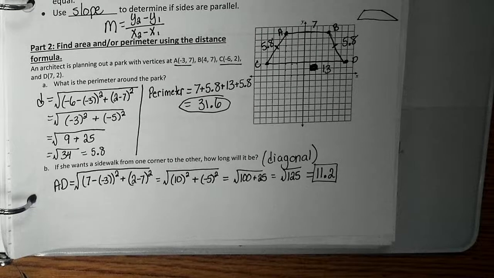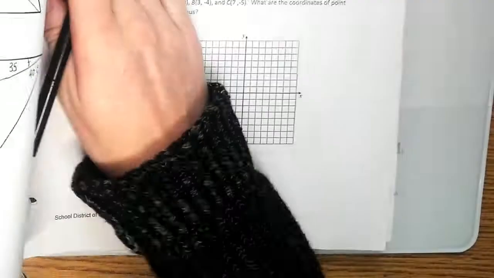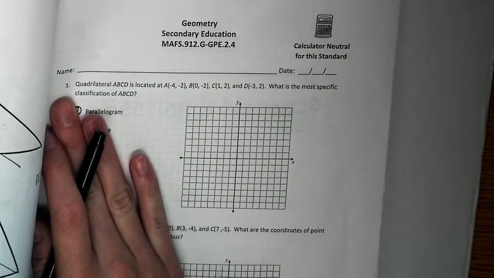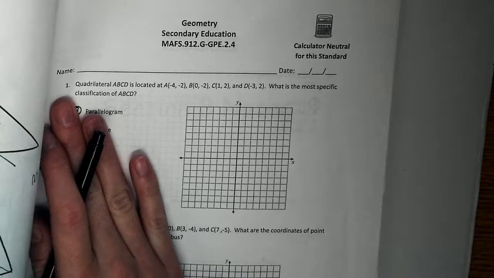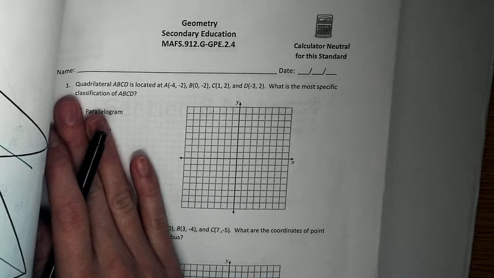A lot of you guys didn't finish the back page of it, so I'm going to give you time to finish that as well. So it looked like this. It had MAFS 912 GPE 2.4 at the top. Y'all know what you're doing? Yes? Okay.